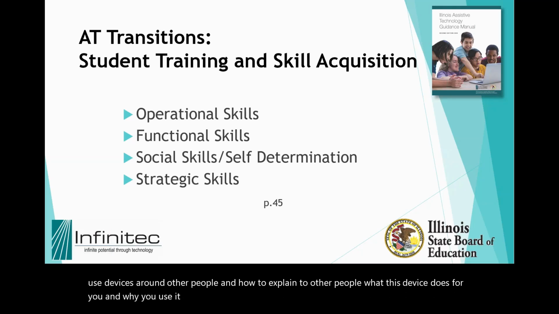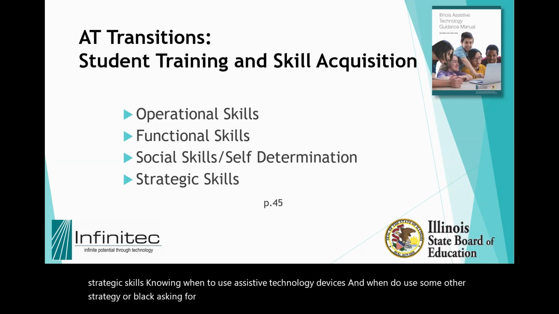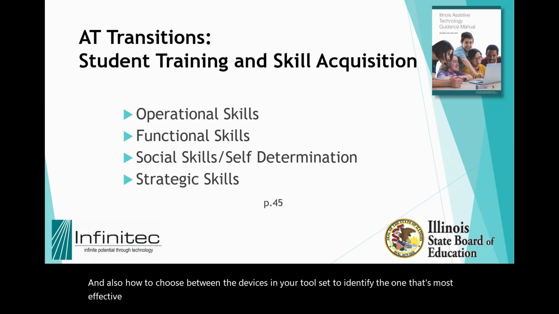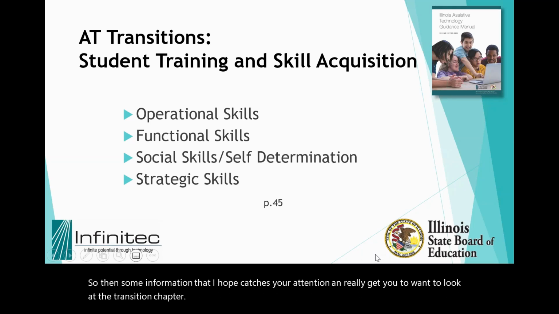And then finally, the 4th category that's addressed in the guide is strategic skills, knowing when to use assistive technology devices and when to use some other strategy, like asking for help, and also how to choose the devices in your tool set to identify the one that's most effective and best for the task that you're trying to do right now. So that's some information that I hope catches your attention and really gets you to want to look at the transition chapter in the guide.